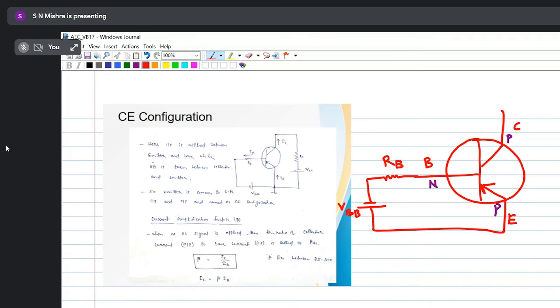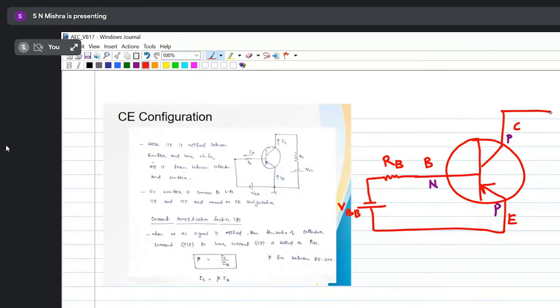Now the collector base junction is not directly connected, or the junction is not there, because I cannot connect collector and base. I have to take collector and emitter. In between that, I have to take the output signal or output voltage. So I should connect the voltage here, not between collector and base. So how will I do it?